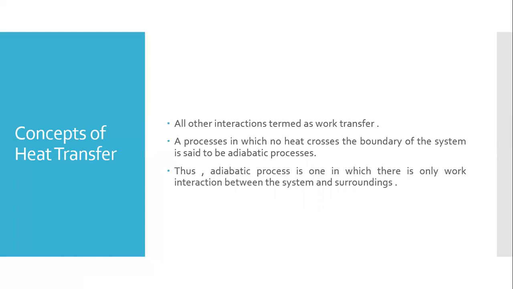The process in which there is no flow of heat, but only work transfer occurs continuously by interacting between the system and surroundings, such a thermodynamic process we call an adiabatic process.